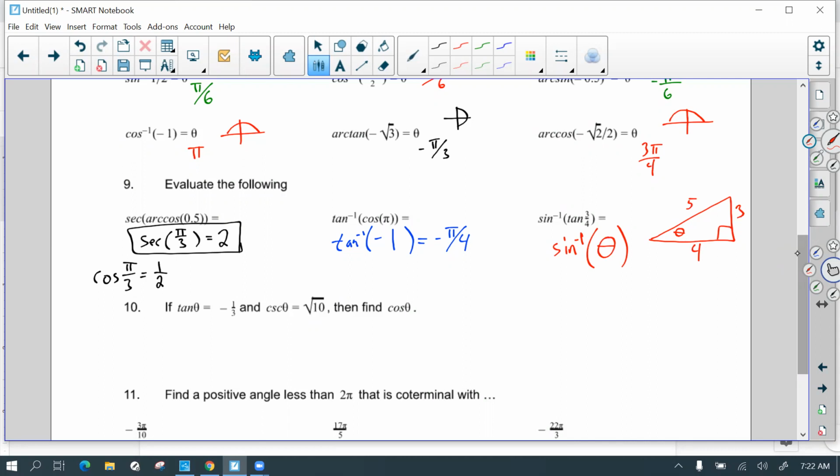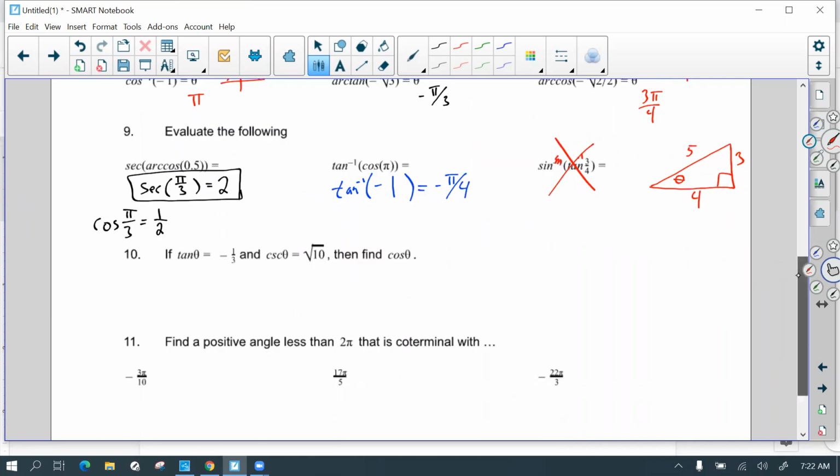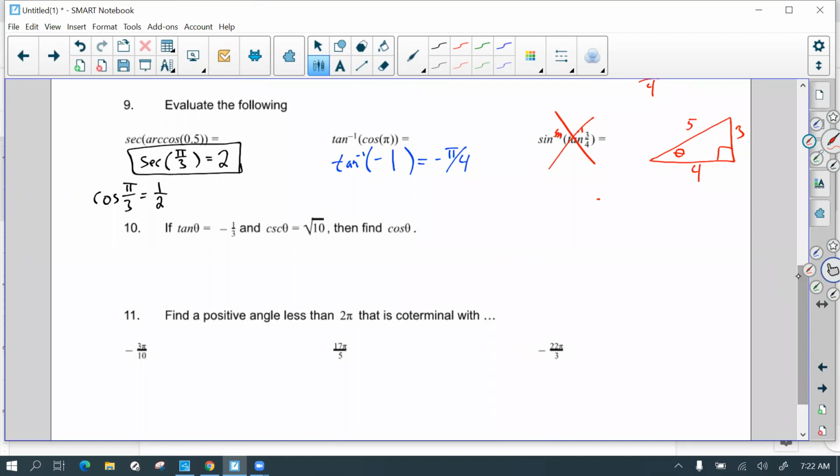Hold on a second. This is a problem. I meant this to be tangent inverse and this to be just regular sine. So don't worry about that one. That's a mistake. The intention here was to have the sine of tangent inverse of 3/4. So the sine of theta would be 3/5.